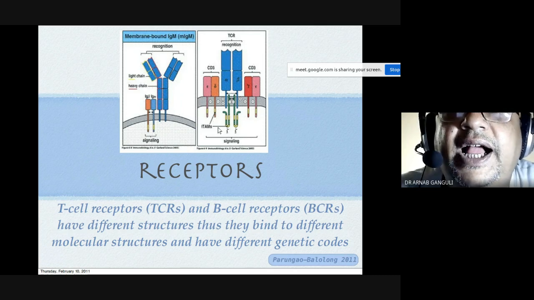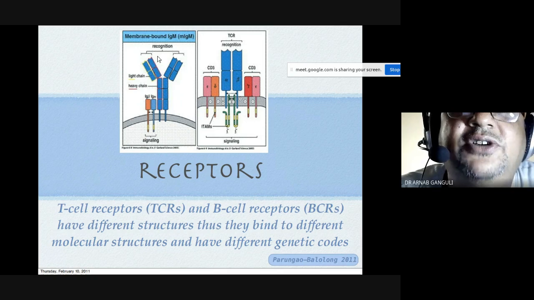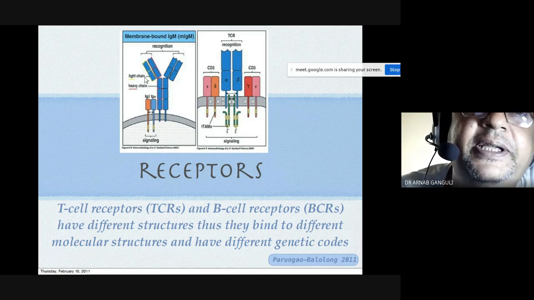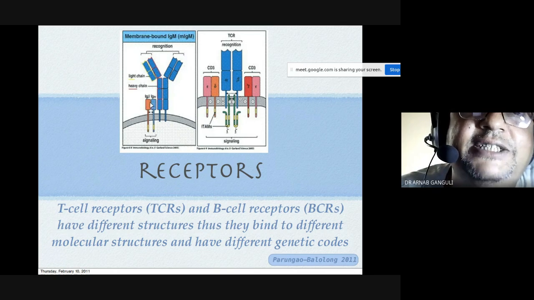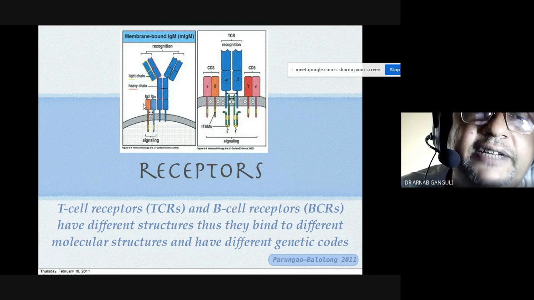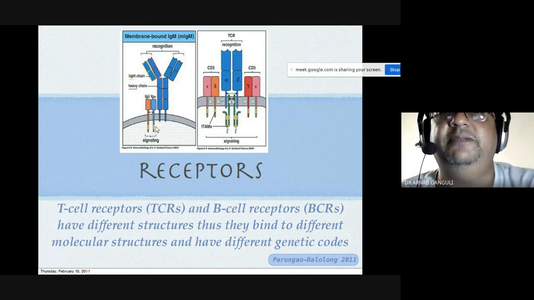And these are all the signal transduction domains. These are responsible for signaling. The B cell has the membrane bound antibody, light chain, heavy chain, and this is attached to Ig alpha, Ig beta, and this activates the signal transduction, and the immune response starts to take place.